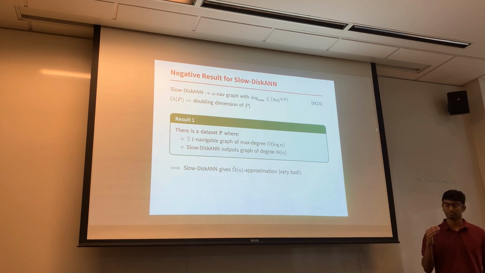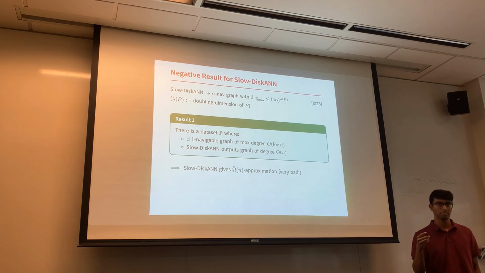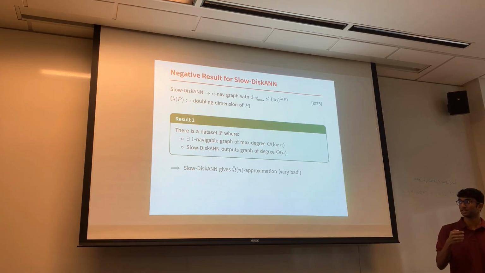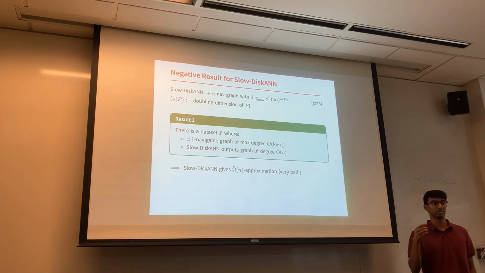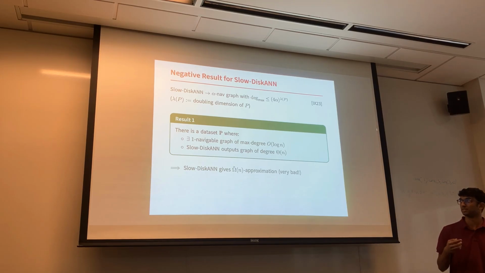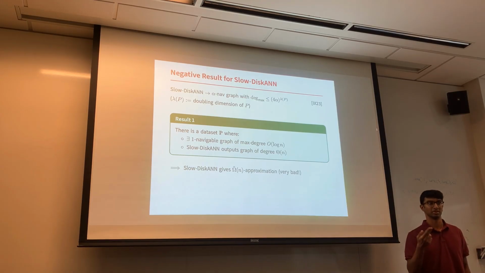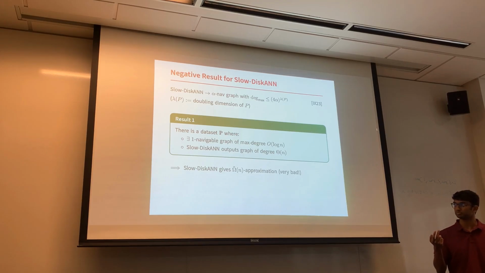We were able to find a data set where there exists a sparse one navigable graph, the degree of that graph is roughly O of log n. But if you run slow disk ANN on this data set, you're going to get a graph of degree theta n. And so from the perspective of approximation, slow disk ANN basically gives you the worst you could possibly hope for. It's omega tilde n approximation.